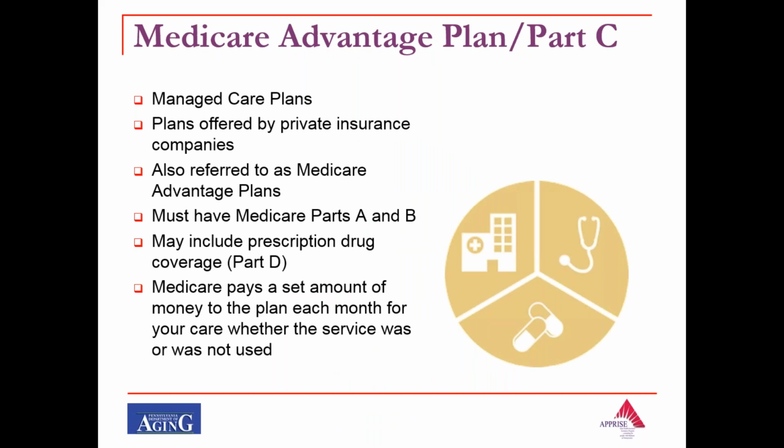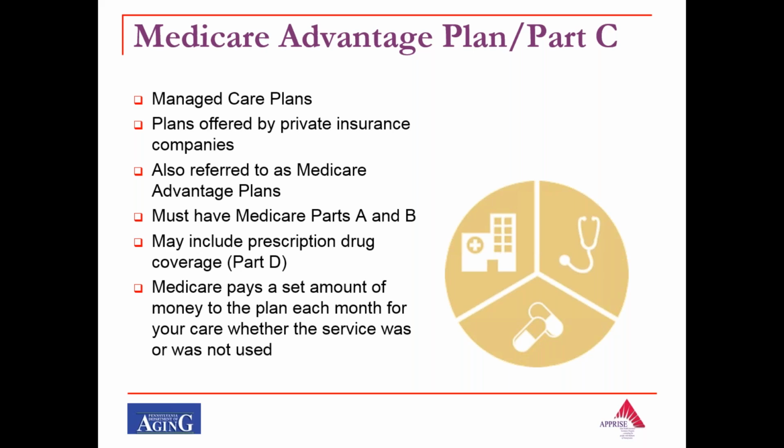As I explained before, these are private insurance companies that offer these plans. An individual has to have Medicare A and B to be able to get this type of plan. A lot of times that Medicare Advantage plan may have a drug plan attached to it.